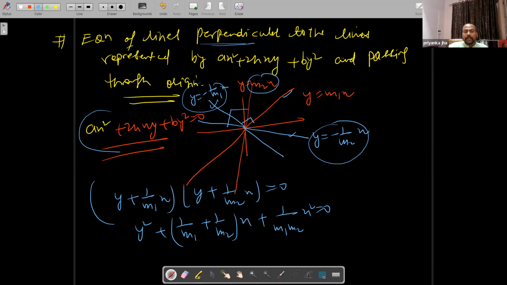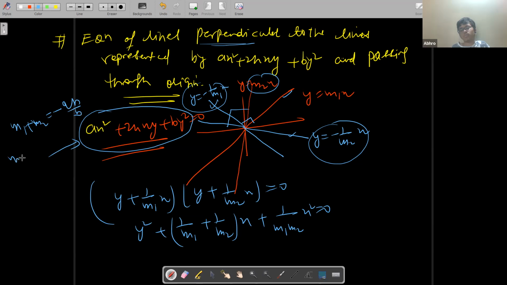Now, for this equation, we know that this represents these two lines whose slopes are m1 and m2. So we know the formula: m1 plus m2 is minus 2h by b. Sir, होगा ना? And m1 into m2 is a by b.